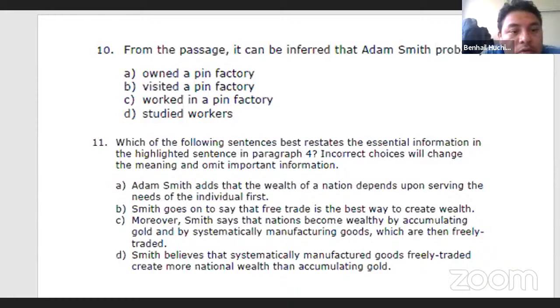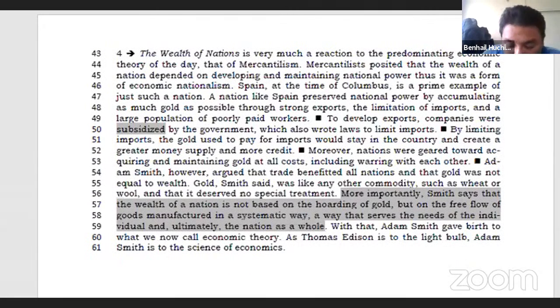Now you have to go to that page, and the highlighted sentence, it is not correct, so it is missing that sentence. You could say, more importantly, Smith says that the wealth of nations is not based on the hoarding of gold, but on the free flow of goods manufactured in a systematic way, a way that serves the needs of the individual and ultimately the nation as a whole. That is the one that you got highlighted.